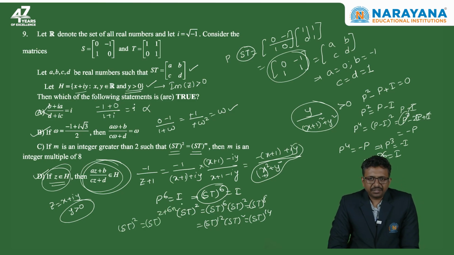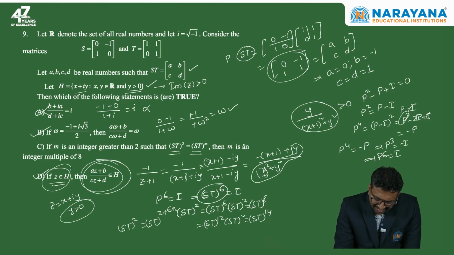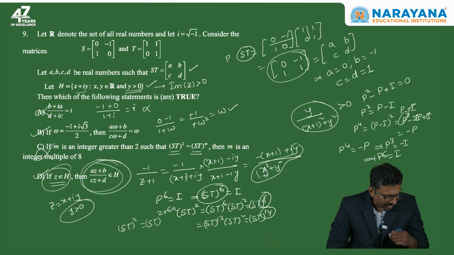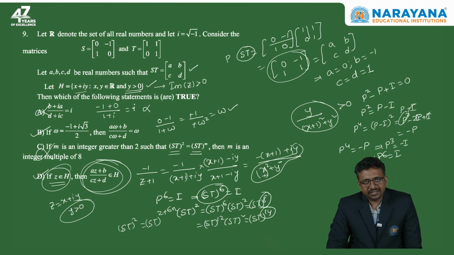That's the condition. So m is an integral multiple of 8 is not correct, because ST square is equal to ST power 8, the first number is 8, but the next numbers are not integral multiples of 8. So I think B and D should be the answers to this question.